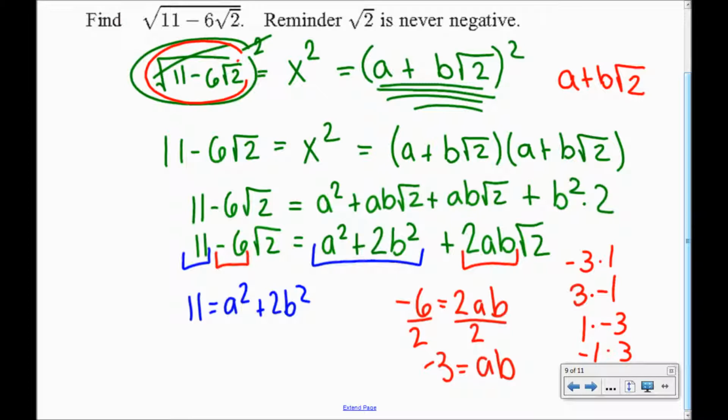Okay, so if you think about it, if we use a negative 3 for our a, so if we do negative 3 plus 1 square root of 2, that's going to give us a negative, right? The square root of 2 is about 1.414 something. So that'll give us a negative number. So we can't use that one. Okay, and same with this one down here.